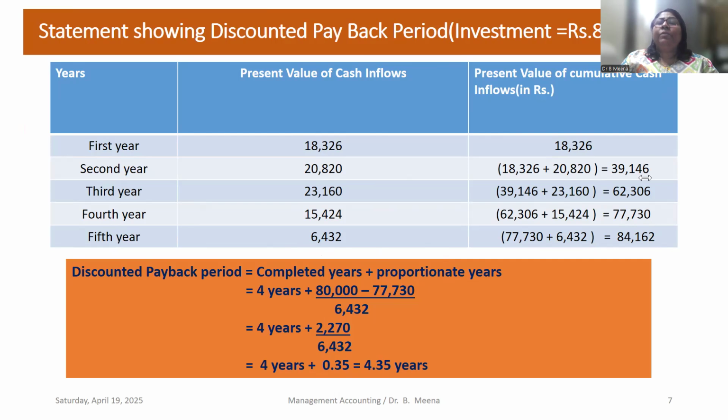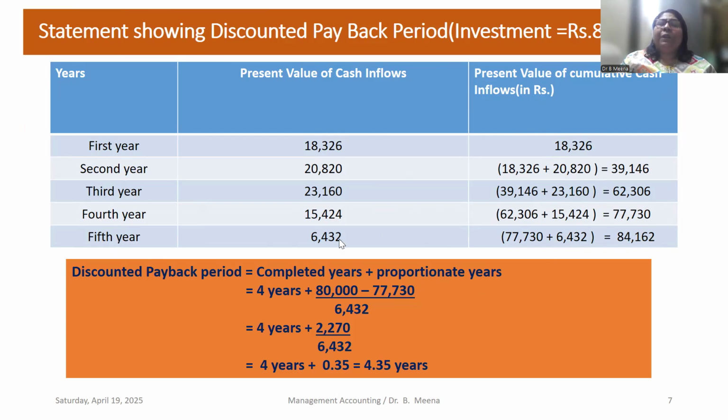So 80,000 is the investment, which lies in the fourth year, so I will write 4 years here. Then the proportionate part means the remaining value: 80,000 minus 77,730 is 2,270 rupees, which I'll get only in the fifth year.